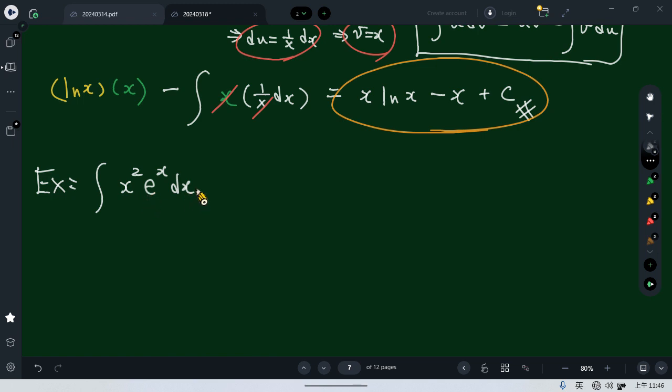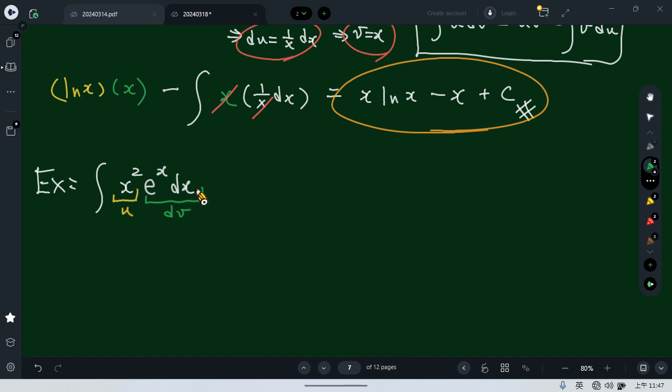Sometimes you need to change the order by yourself. You need to try. It is not necessary that the problem comes out with that sequence of assignment. For example, this one, okay, maybe intuitively I will say this is u, this is dv.